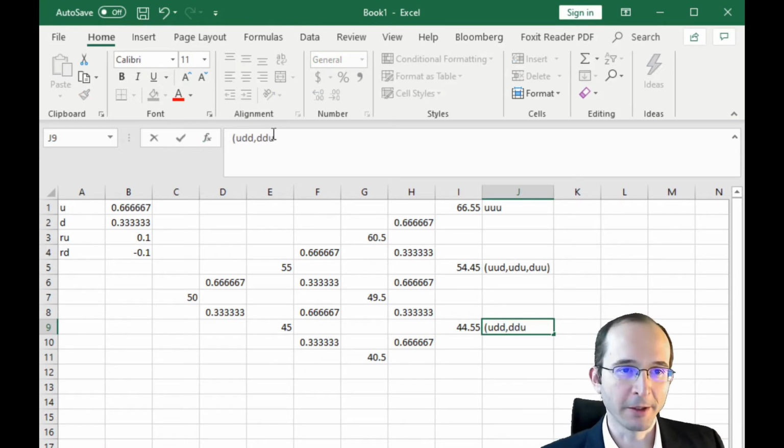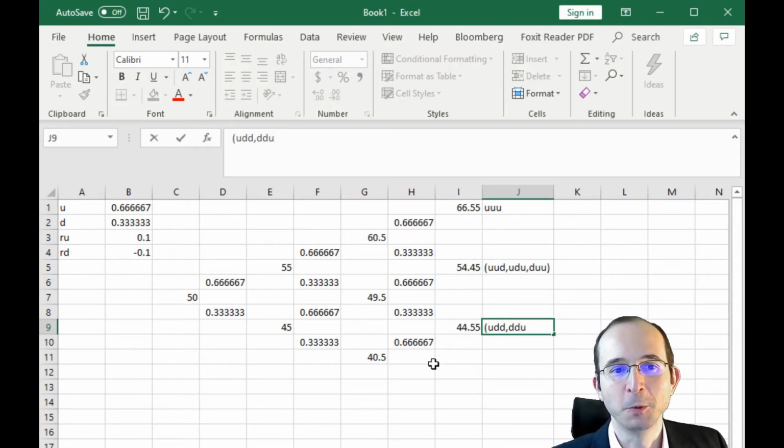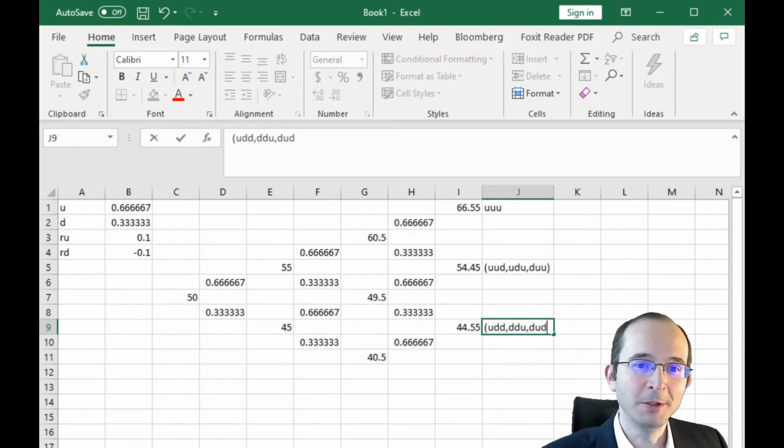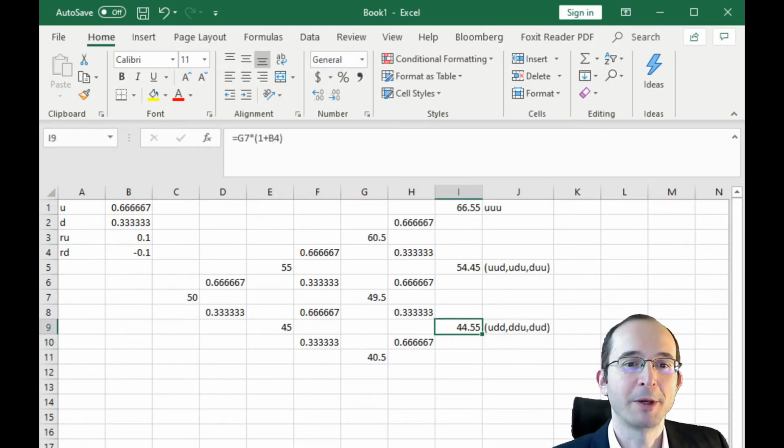And indeed, is there a third way to get there? Well, looking at the previous state we just considered, 54.5, there should be. What else would there be? Well, what about if we go down and then up and then down again? That would be DUD. All three of these will get us to this payoff of 44.5.